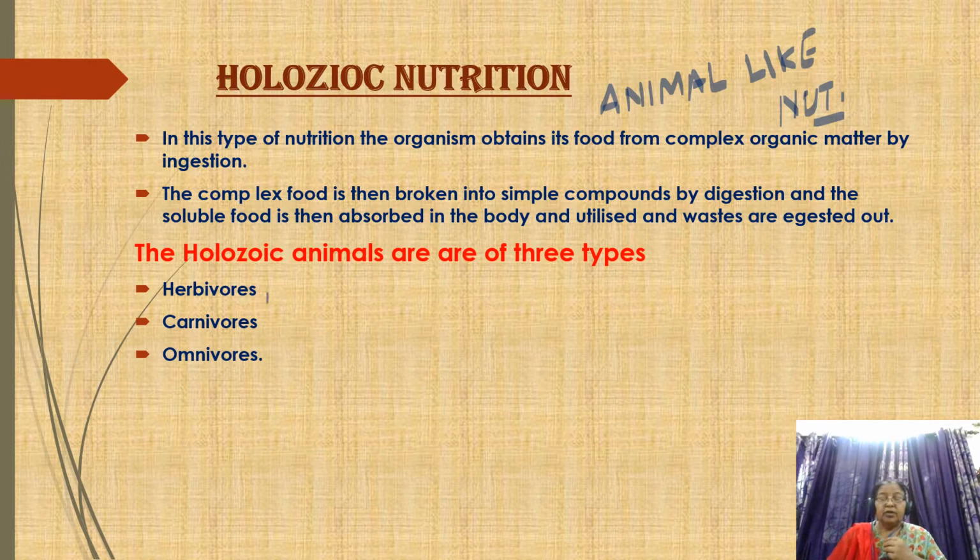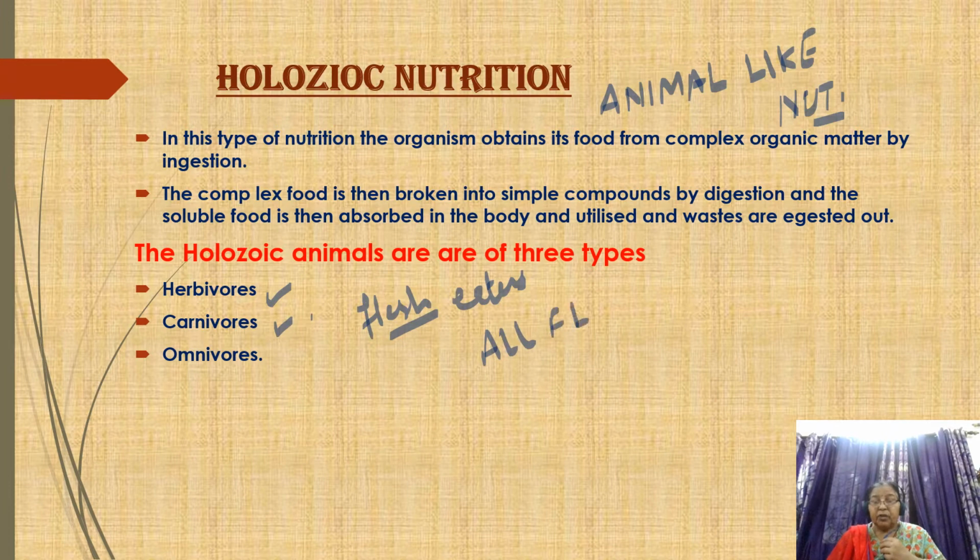Now in holozoic nutrition, some are herbivores, which are plant eaters, and carnivores, which are flesh eaters. Flesh eaters are ultimately dependent on grass. As you have studied, all flesh is grass, meaning ultimately the goat and others are dependent on plants.